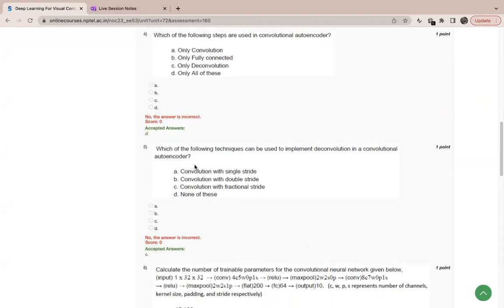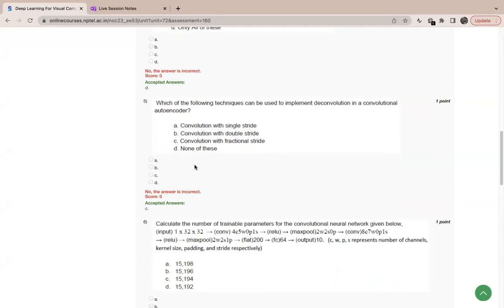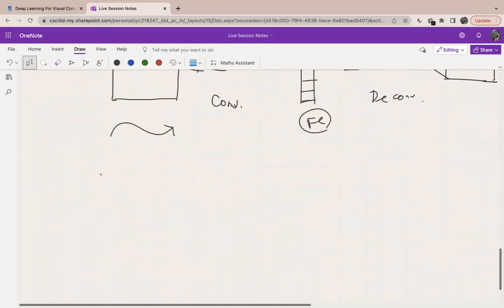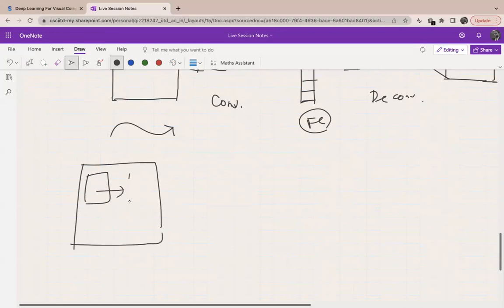Question number 5: which of the following techniques can be used to implement deconvolution in a convolutional autoencoder? The answer is convolution with fractional stride. As you know, when we have a convolutional filter, we take that filter and pass it along the image to get a smaller version of the image.